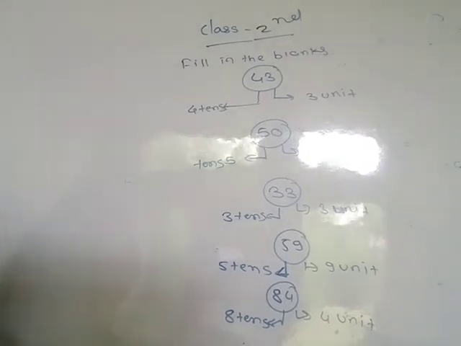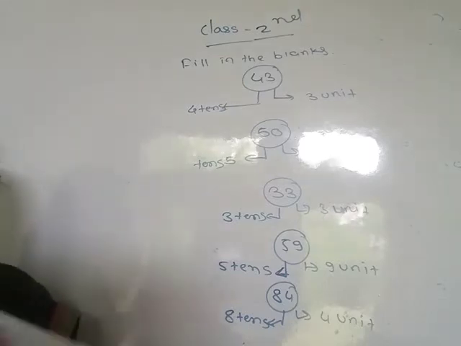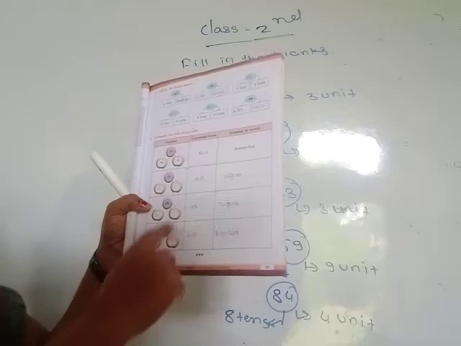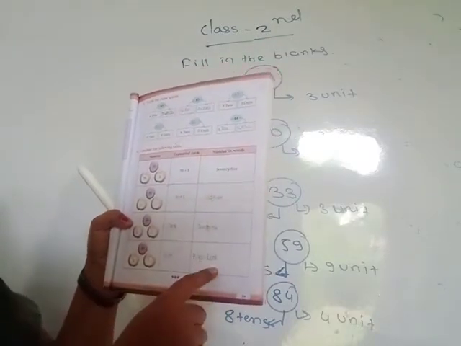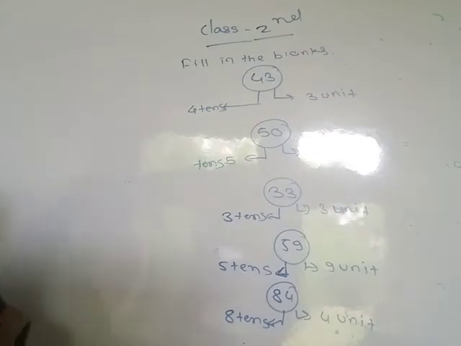Then again here one table is given. These numbers are given. Then you write the expanded form here, and the number in words in front. Then you make here one table.